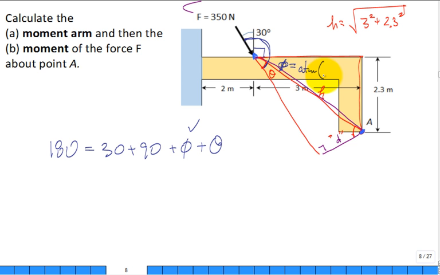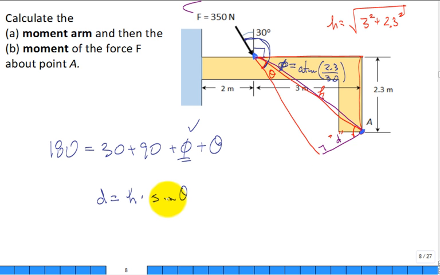Once you've solved a few of these problems, arctan of 2.3 divided by 3.0. Is that true? Good. Then we get phi. Once you got phi, then you get theta. Once you get theta, then d is equal to h times sine of theta. True? A lot of work to get that moment arm. Sometimes there's a lot of work to get that moment arm distance.